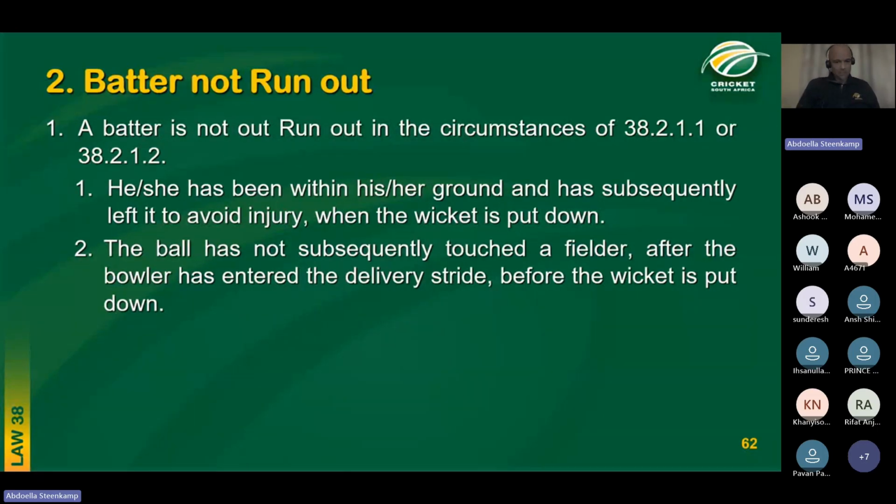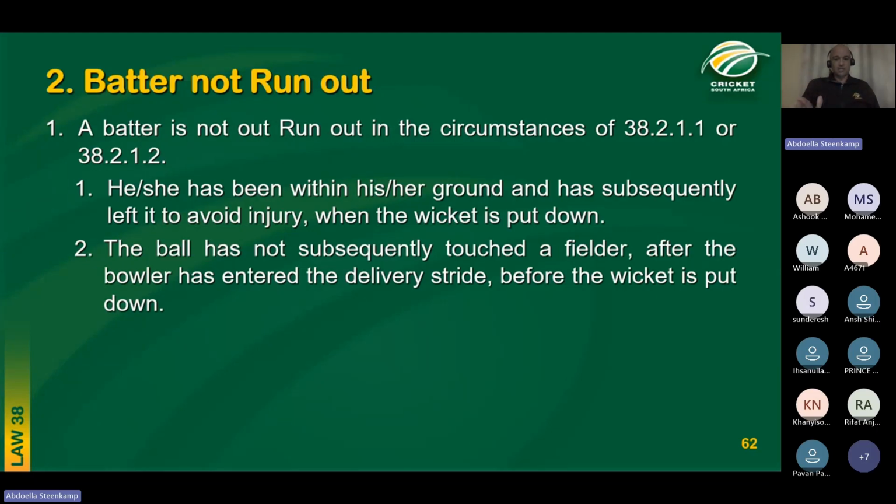If there's no touch and it goes against the stumps and the wicket is down, not out. If the ball goes against a non-striker and goes against the stumps and the non-striker is short of the ground, not out. Why not out? Because the law wants a fielder to touch the ball. The non-striker is not one of the 11 fielders. So there must be a touch.